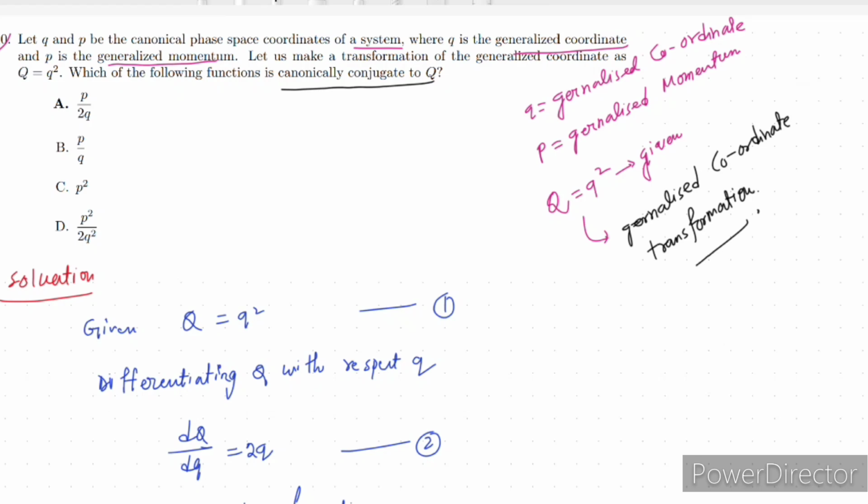So which function is canonically conjugate to capital Q? Whatever is canonically conjugate to Q will be the generalized momentum. So if we calculate the generalized momentum, that value is definitely canonically conjugate to capital Q.